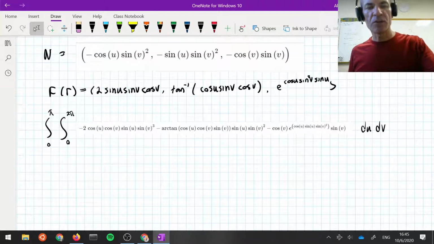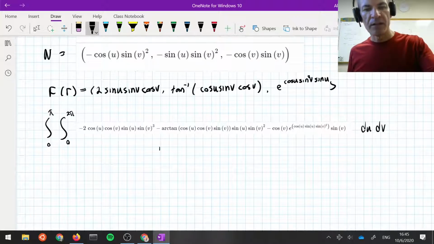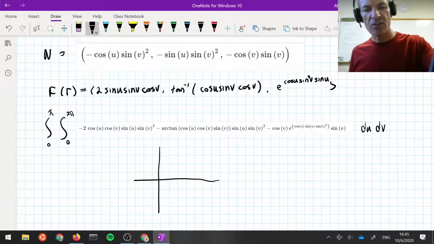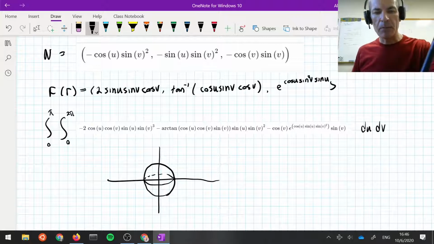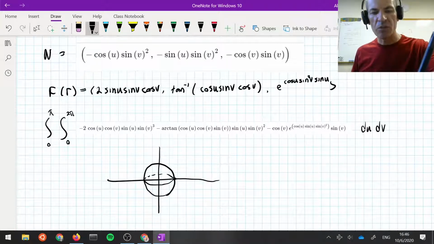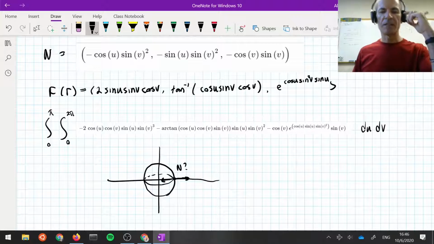So to test whether this is the outward pointing normal, sketch the sphere like this, and just pick a point on the sphere and see which way this normal vector is pointing. Is it pointing in this direction, or is it pointing in this direction? Which way is n pointing?